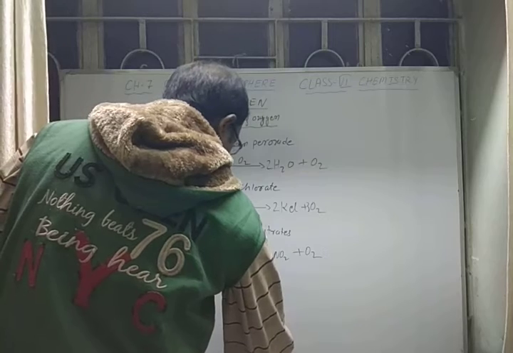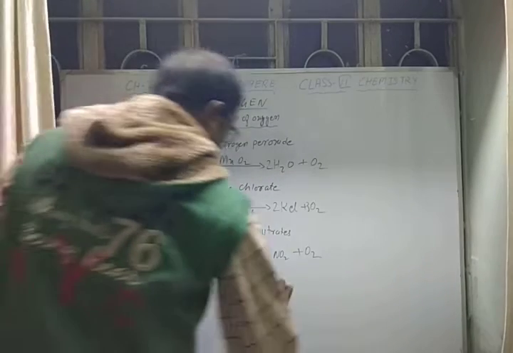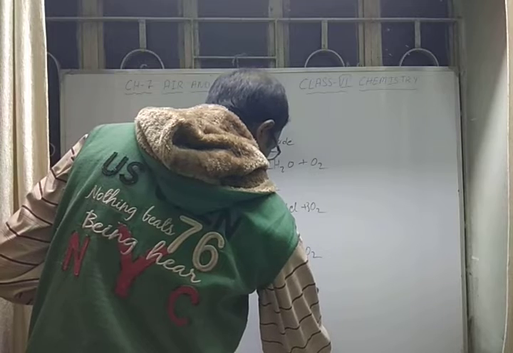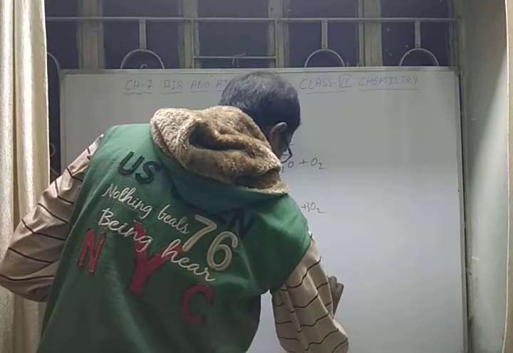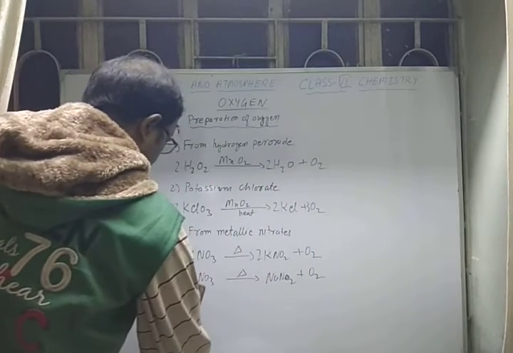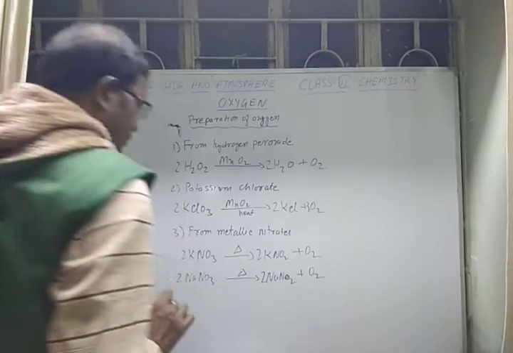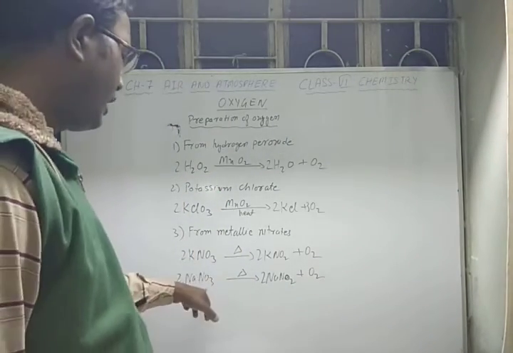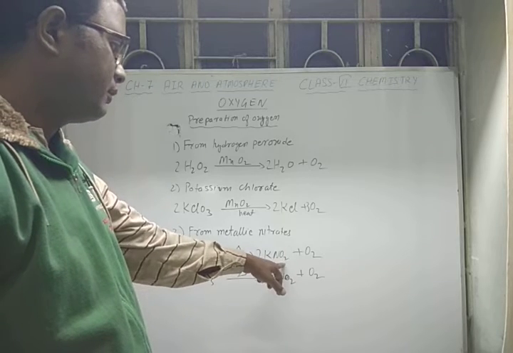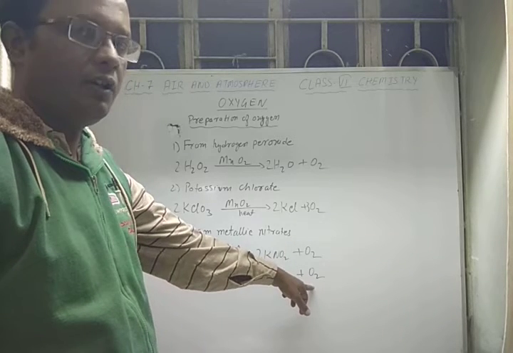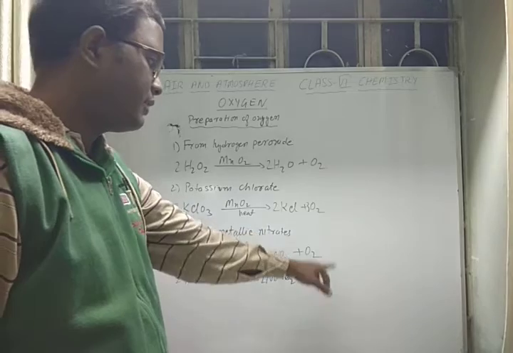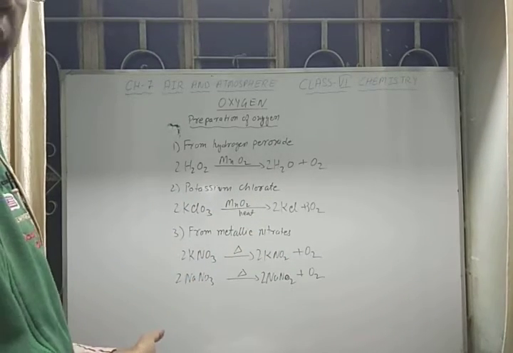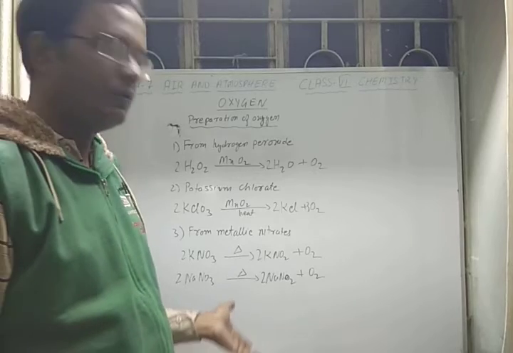Again, when you heat it, you will get sodium nitrite plus O2. Now you have to balance here, here 2, here also 2. So in both reactions the nitrates break into nitrite and release oxygen gas. Now these two oxygen gases we have to collect in a gas jar by downward displacement of water.